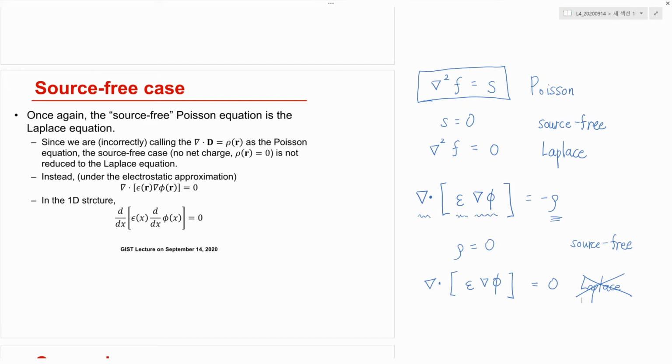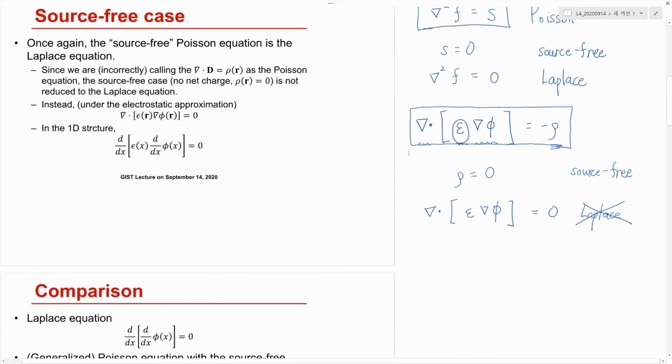Therefore, this position dependent epsilon cannot be neglected in our consideration. So that's the reason why we have to stick with this form of the Gauss law. Okay, so then let's go to the next slide.